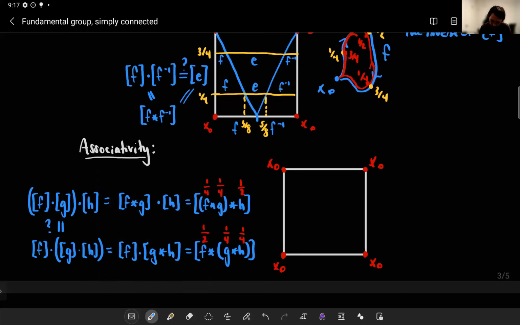Okay, and my first path is saying, a quarter of my time on F. So here's F, here's a quarter of my time on G, and then a leisurely stroll along H. But then I want to get to here.